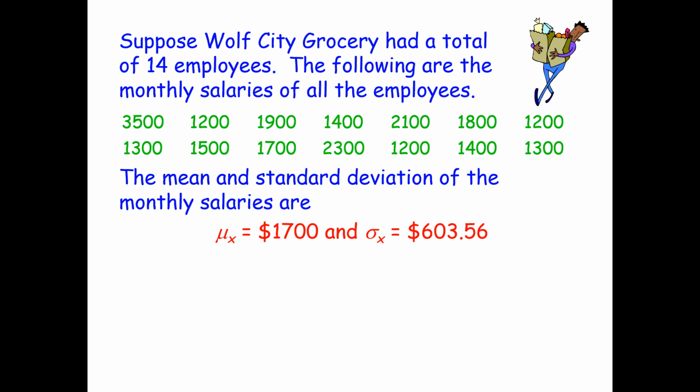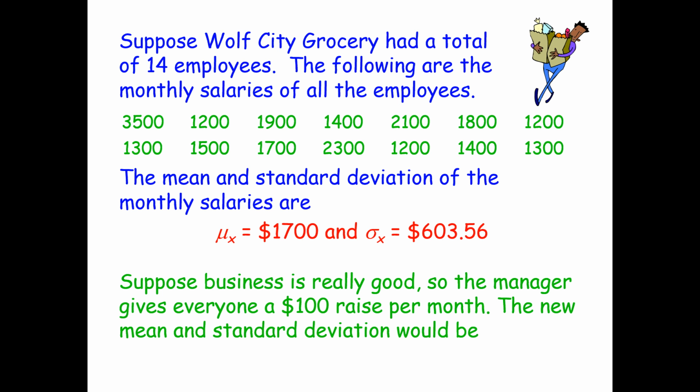Now suppose business is really good, so the manager gives everyone a $100 raise per month. The new mean and standard deviation would be mu sub x equals $1,800 and sigma sub x equals $603.56.